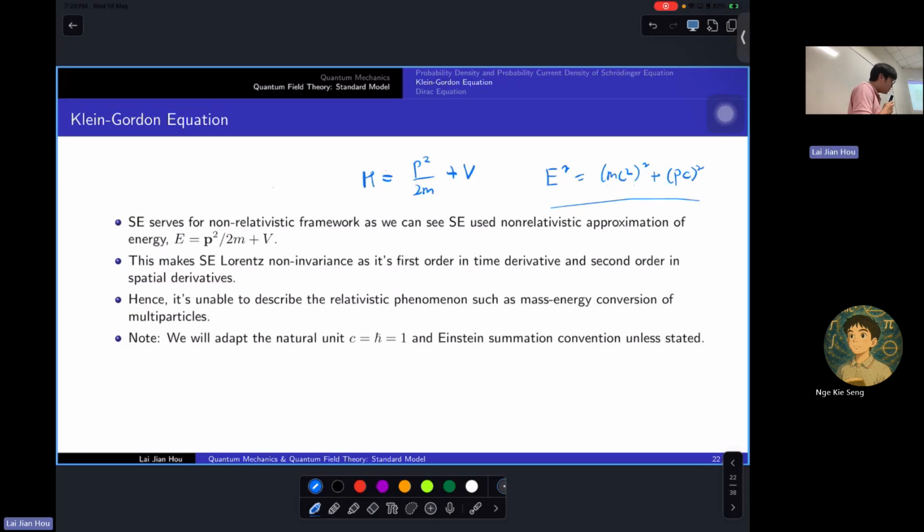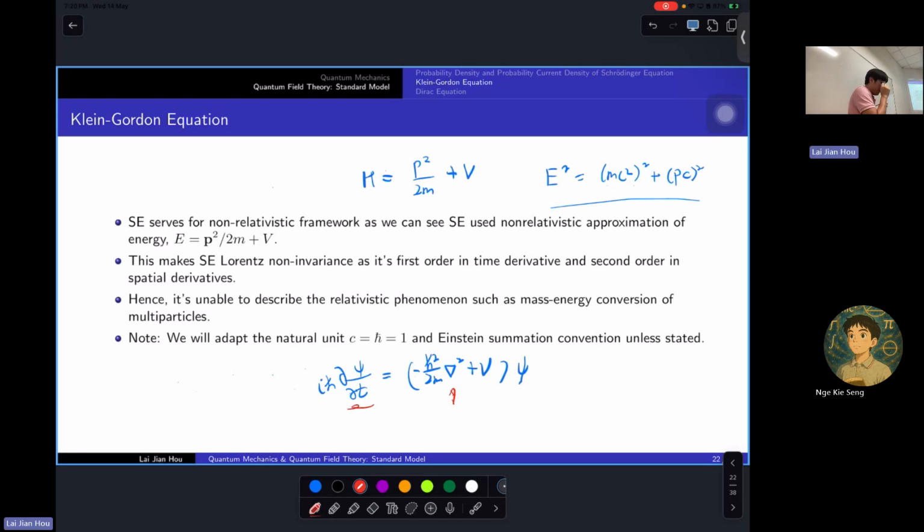When writing down the Schrodinger equation, the Hamiltonian is p square over 2m plus V. We see the derivative with respect to time and the derivative with respect to space are of different order, and we say this is non-Lorentz invariant.